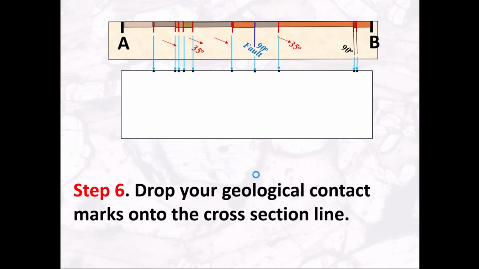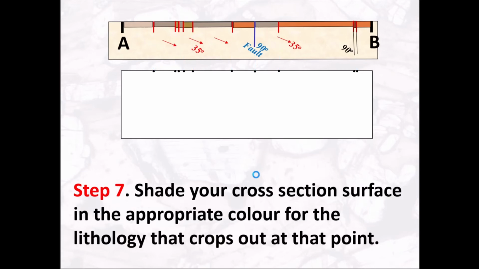Then, I always like to do this, maybe some people would disagree, you can shade your cross-section surface in the appropriate color, just a very thin veneer. You don't want to go too far down because you're going to draw these things at angles. So I draw it as a very thin veneer, probably even thinner than what the PowerPoint currently represents, just to show the geology that you'd encounter at the surface at those points.